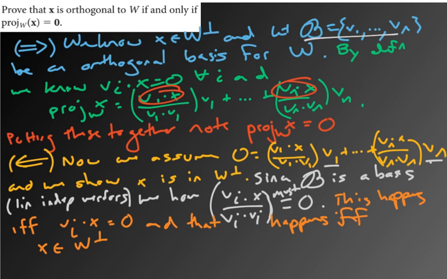So x is orthogonal to W, and that does it. I think those are some harder problems, and I thought it'd be helpful to see some proofs related to some of this orthogonal stuff that we've been doing.